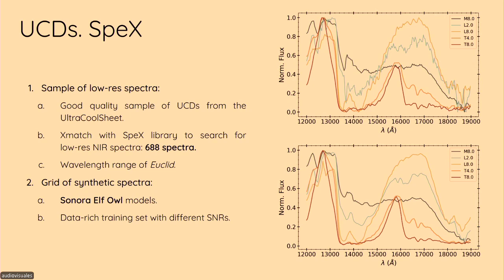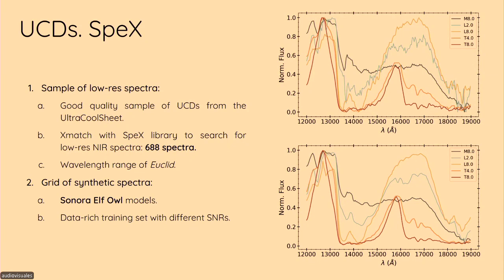For the first one, what we did is to first obtain a good quality sample of ultra-cool dwarfs from the UltraCool Sheet, which is the most up-to-date compilation of ultra-cool dwarfs in the literature with reliable spectroscopic classification. We took this good quality sample and cross-matched it with the SpeX library to search for low-resolution near-infrared spectra. And by doing this, we ended up with 688 spectra that we could use for this analysis.